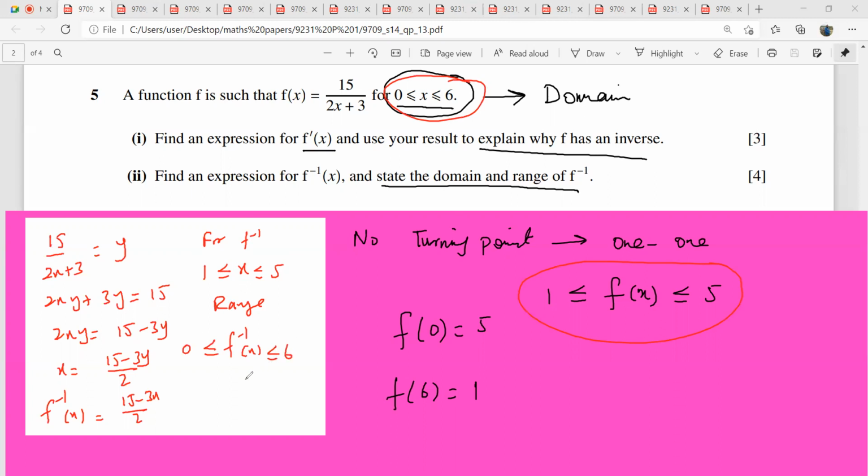I hope you got it. Yes? Okay, so remember, I'm telling you again, the domain of the function is the range of its inverse, and the range of the function is the domain of its inverse. Okay, so we move on to the next question now.